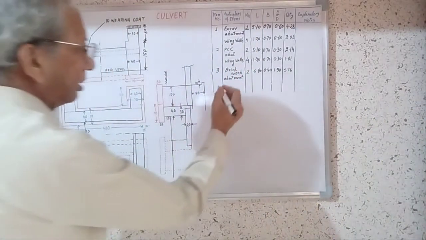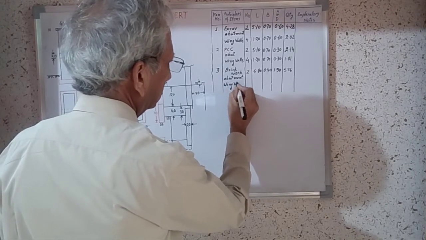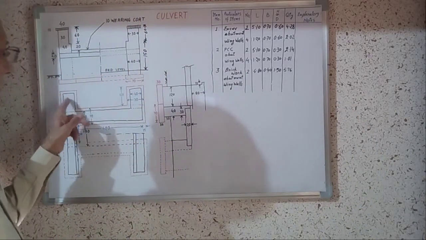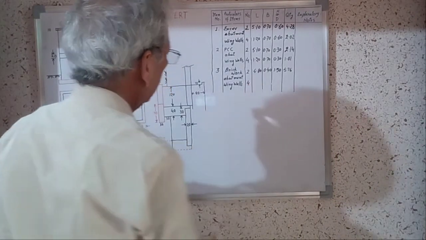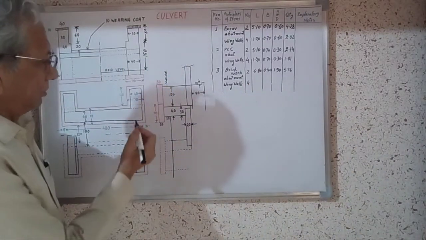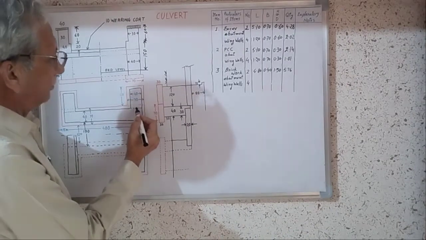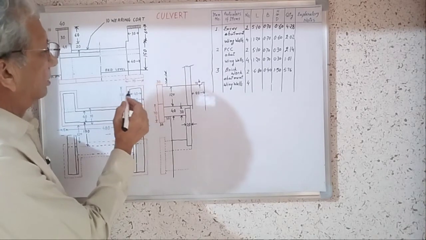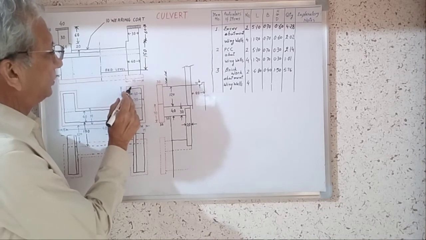Now wing walls. Here wing walls 1, 2, 3, 4. 4 number of wing walls. Length. Now here you see we have taken up to this. Therefore from this up to this length will be 120. As you can see, this is 120 including PCC 15 centimeter. But we will take from this point.